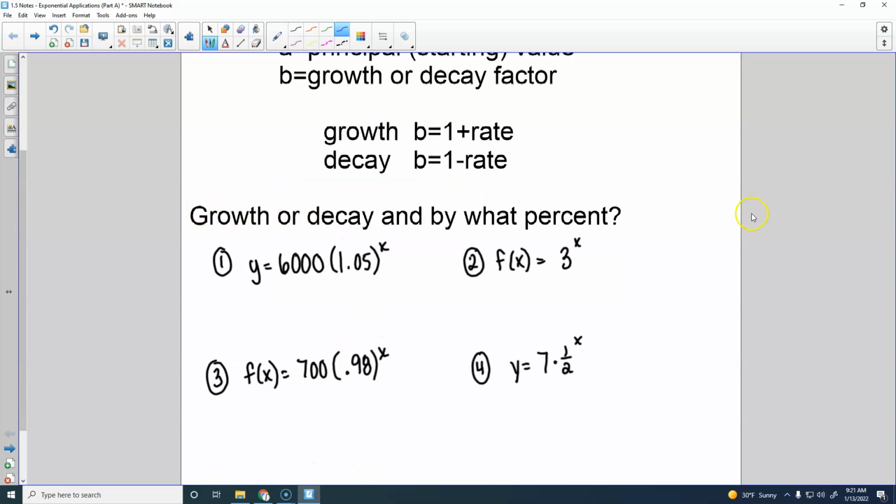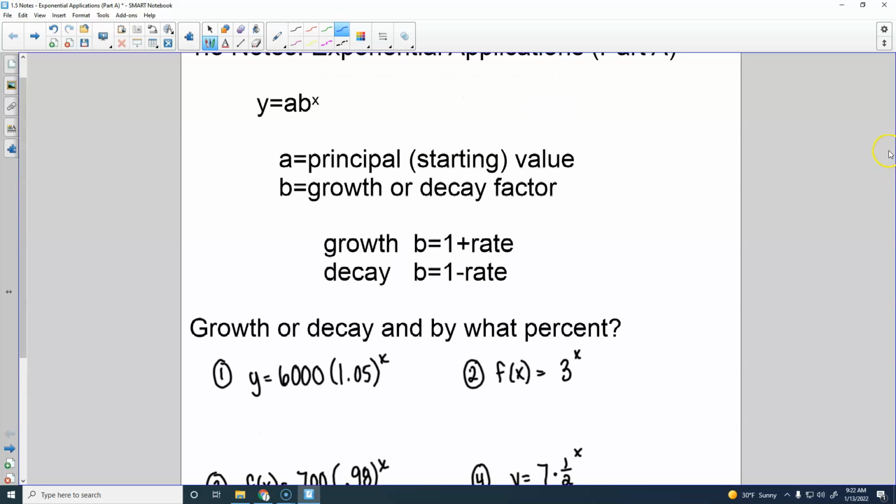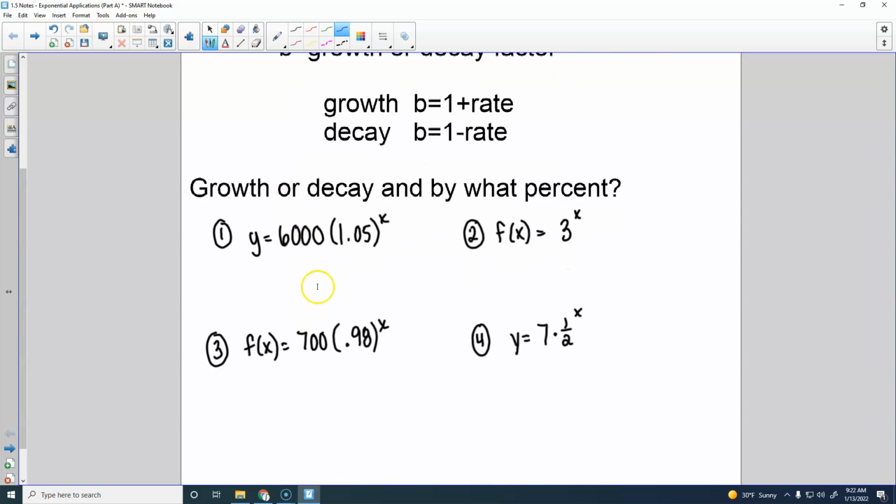So whenever we go over these problems, what I just want us to do is look at whether it's growth or decay and by what percent. When it's growth or decay and by what percent, we're looking at that B value, the value that's being raised to the exponent. So for number 1, Maddox, is that going to be growth or decay? It is growth.